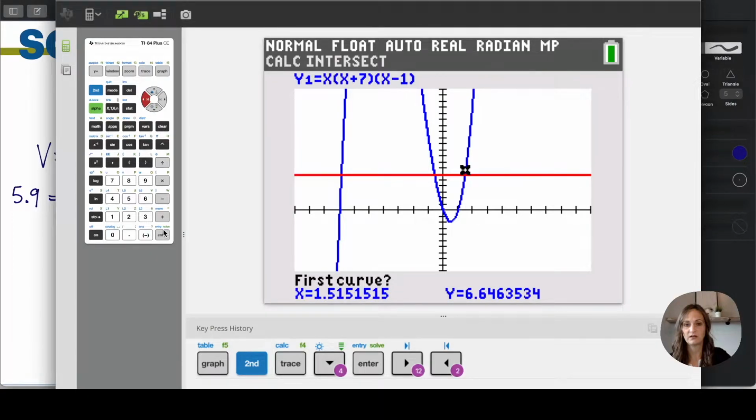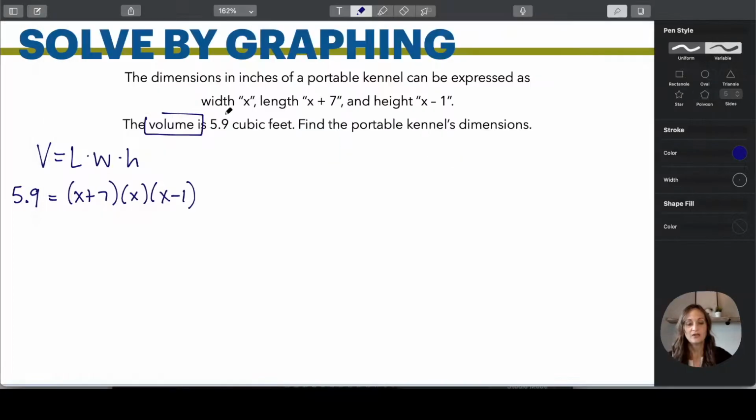Then hit enter one more time, and then one more time. And that is the intersection. So when x equals 1.47, y is equal to 5.9. So at 1.47 inches in this case, you will get a volume of 5.9.